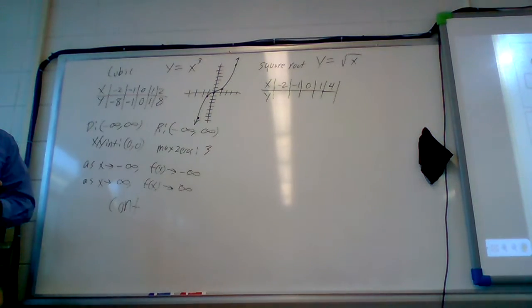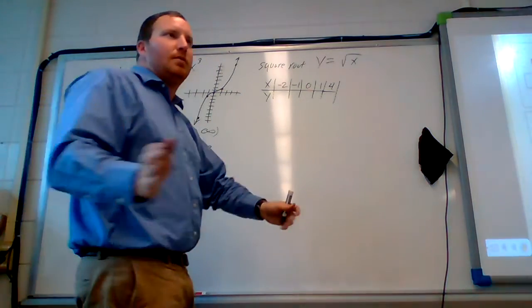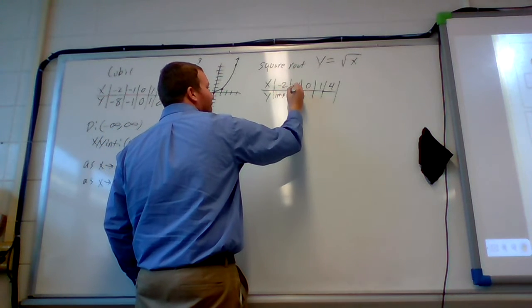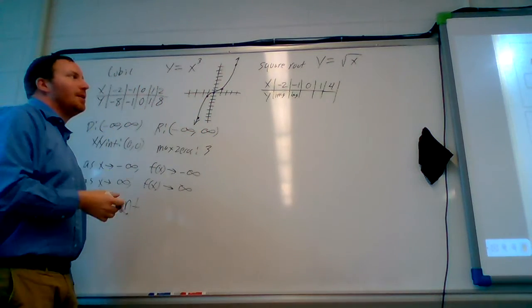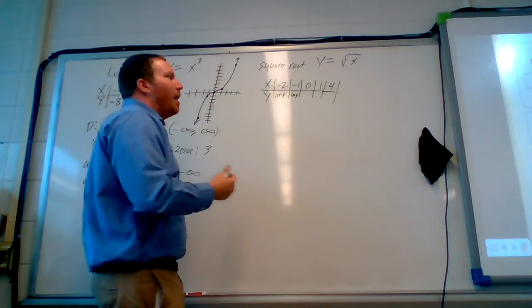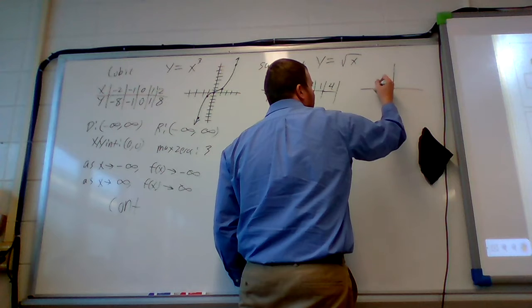If I plug in -2, it's not a fraction. It's not irrational. It's another I word. SpongeBob. It's imagination. It's imaginary. Right? If we take the square root of a negative number, it's an imaginary number. So we don't have those values on our regular, real XY coordinate plane.